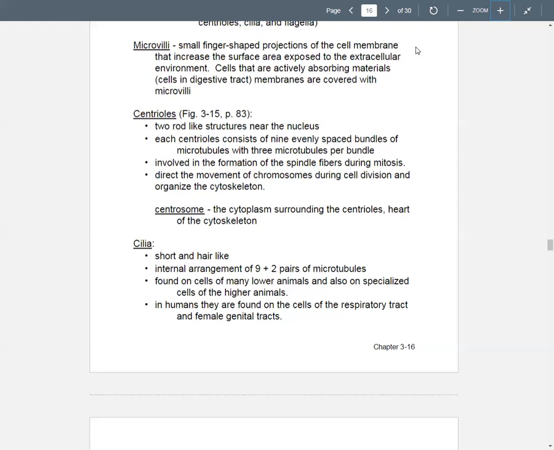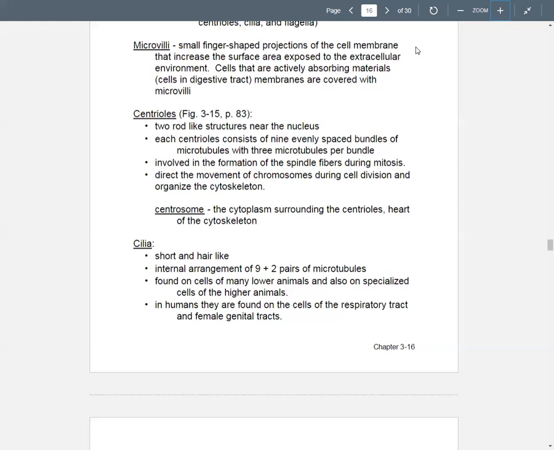Now the cilia, they're hair-like projections. They are shorter than flagella, which we'll talk about later. Their arrangement is basically 9 groups of 2 pairs of microtubules.